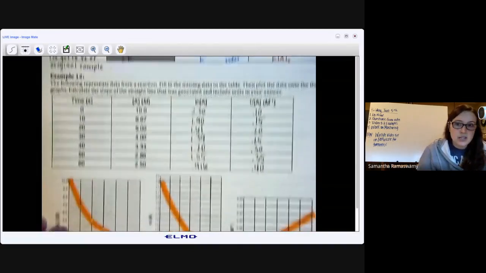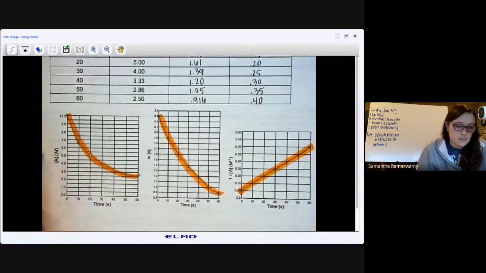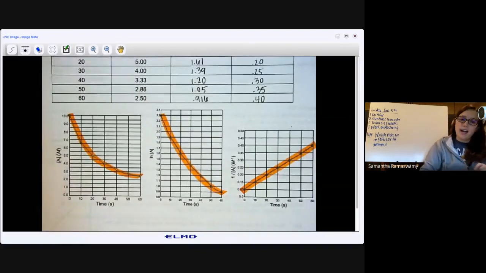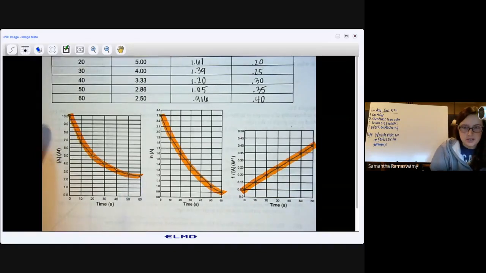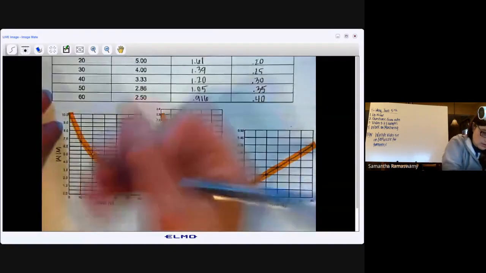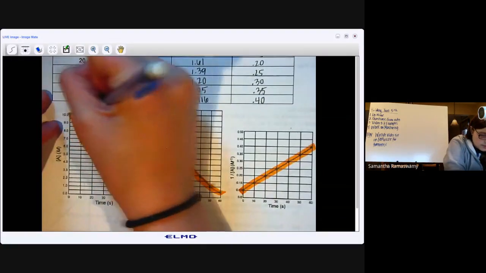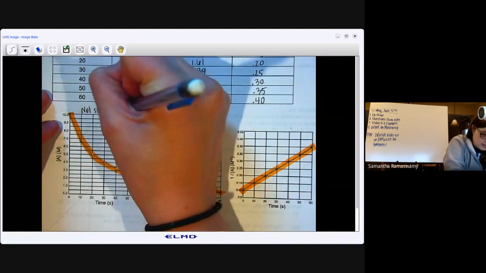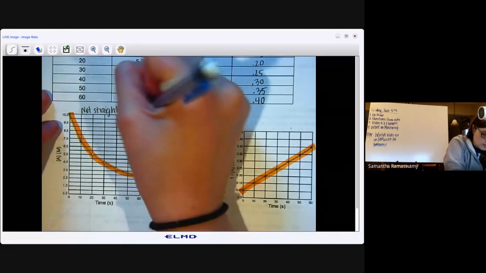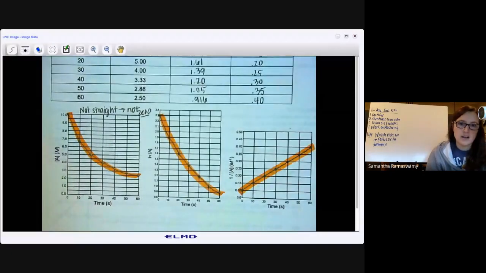So if I take a look at what I did down here, I have all 3 graphs here. Now you always want to pick the straightest line. So concentration versus time is for sure curved, right? So not straight. And so that means that it's not 0 order, because if concentration versus time was a straight line, it would be a 0 order reaction.